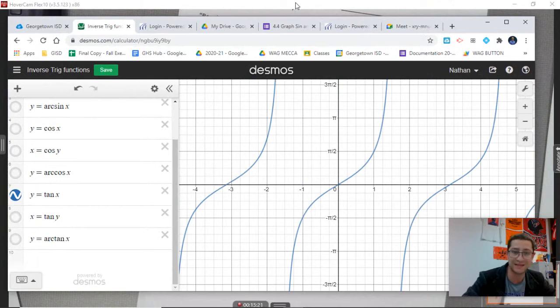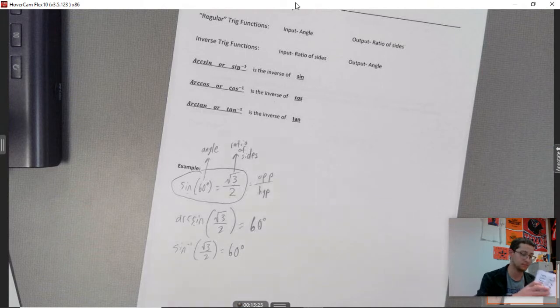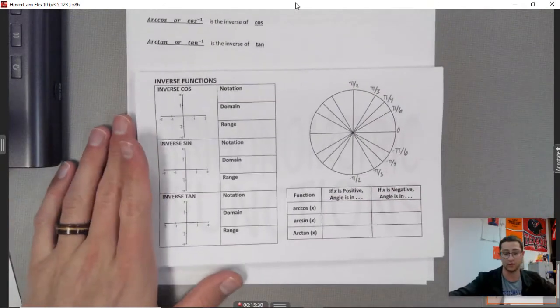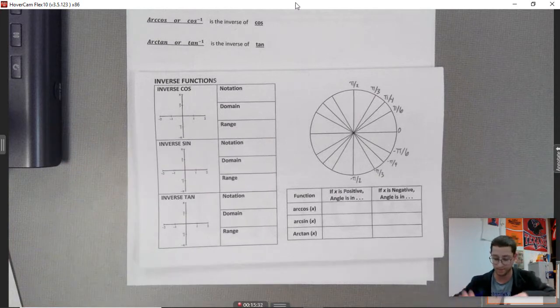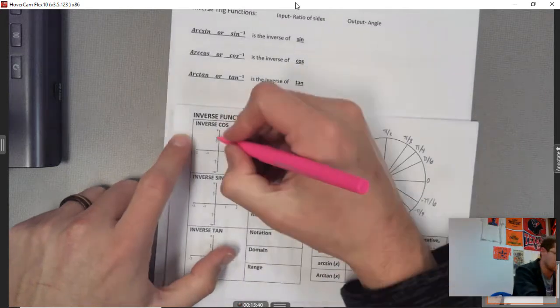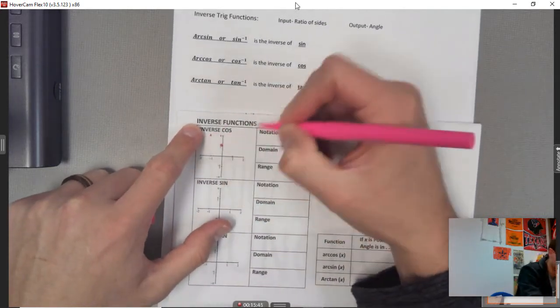Let's go ahead and put it in the actual notes. Here we go. We are here, the last page of your little booklet. All right, so inverse cosine. It's got a point here, a point up here, and a point here.